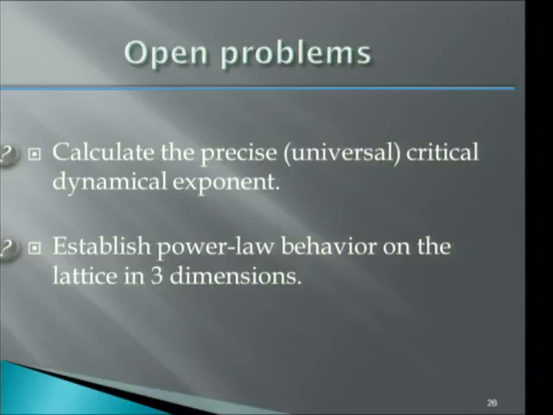This is also unknown. There are several of these conjectures that seem obvious, but they're unapproachable so far. So, for instance, all plus boundary condition: in 2 dimensions, it's not mixing exponentially slowly above the critical beta.